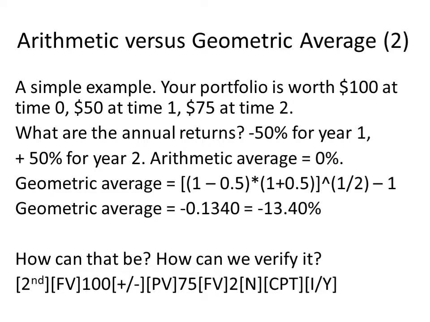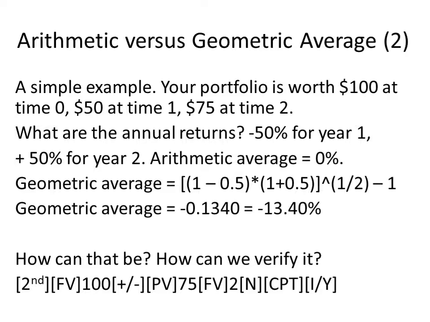So here's that example. You have a portfolio that's worth $100 at time 0, $50 at time 1, and $75 at time 2. What are your annual returns? Well, we figure returns, we're talking about capital gains here. Well, we figure the returns by taking time 1 price minus time 0 price divided by time 0 price.